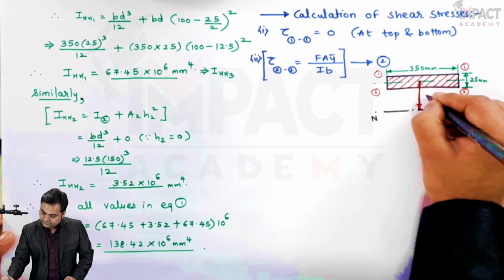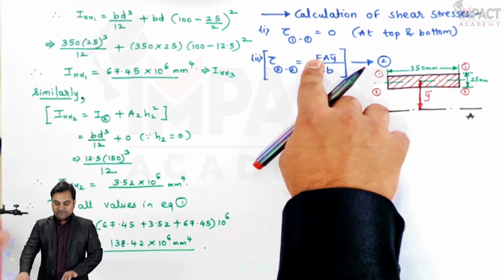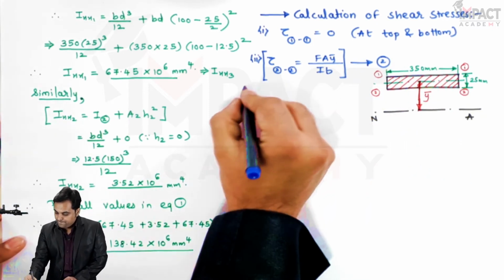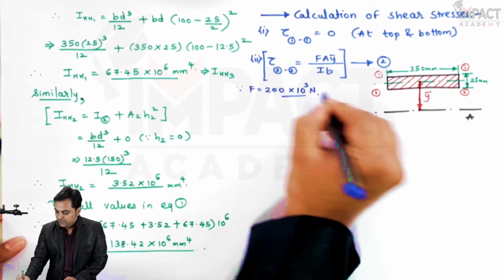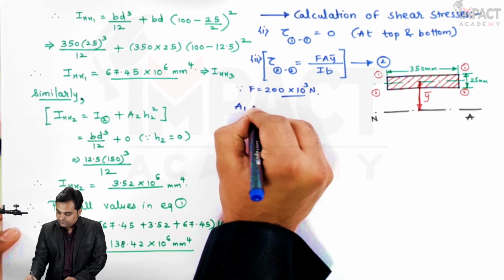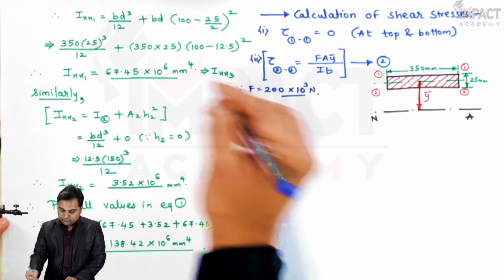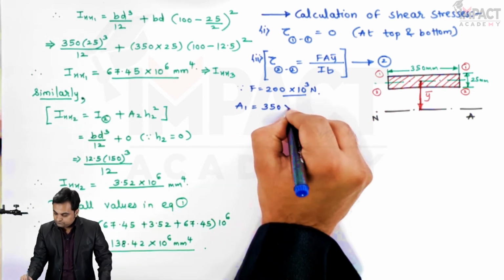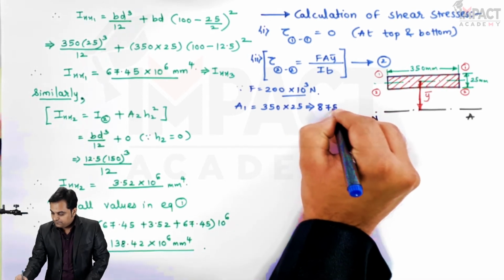here denoted as distance y bar. When I look into the formula, the F value is given in the problem, that is 200 into 10 raised to 3 Newton. Then area 1, here the area is for this flange, similar to the previous area we calculated: 350 into 25, and the value is 8750 mm square.